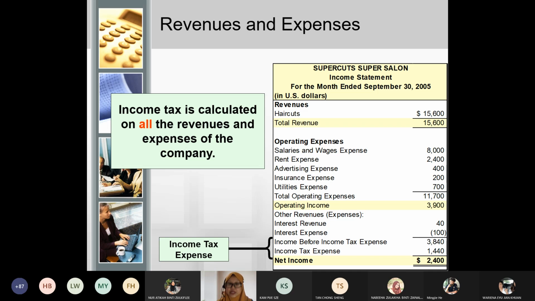The income before tax determines the income tax expenses. You understand? So that's why you have to show it separately. The income before tax, the amount of 3840 here, will be used to calculate how much the income tax expenses are for the year.